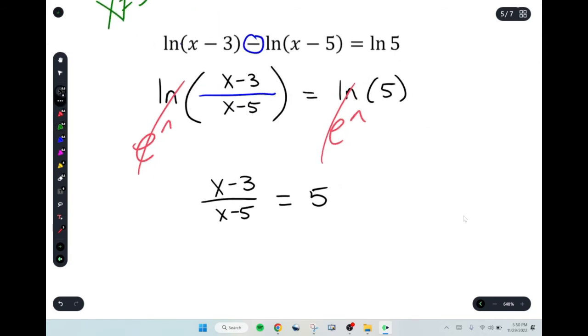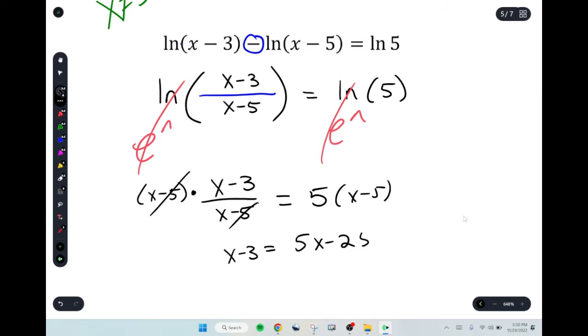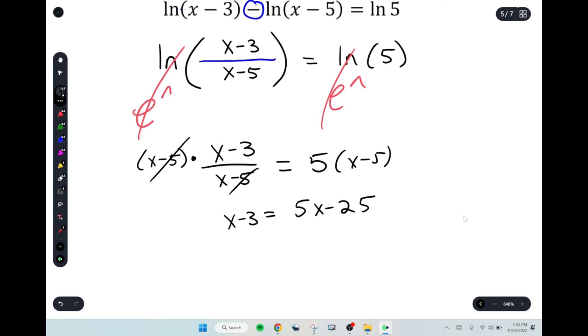And I'll probably multiply both sides by x minus 5. And you get x minus 3 equals 5x minus 25. And then probably say 4x on one side and 22 on the other.